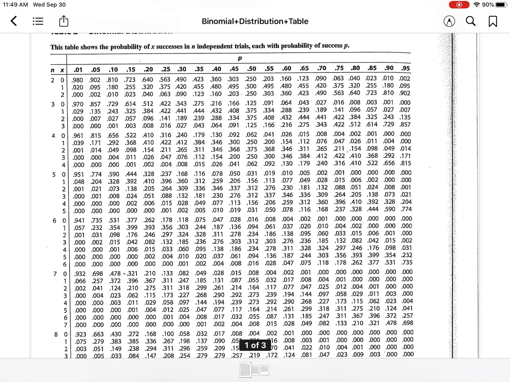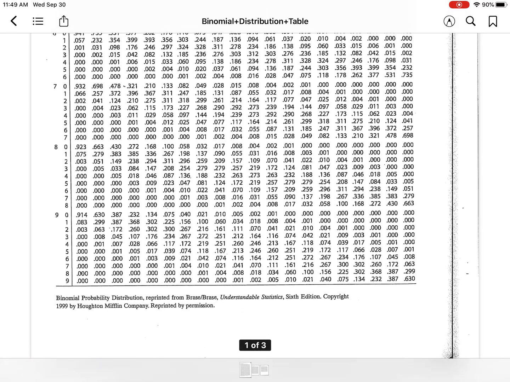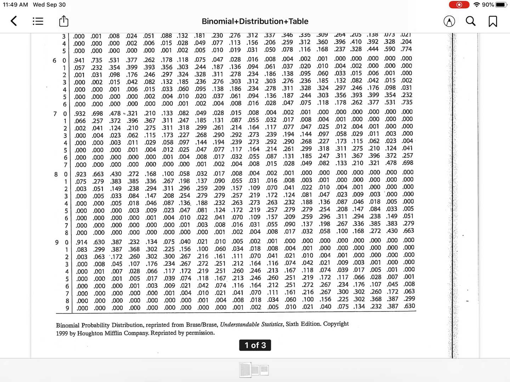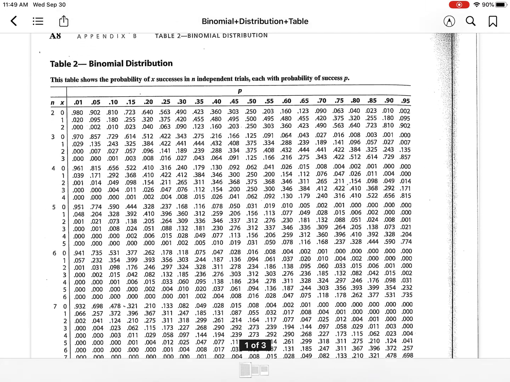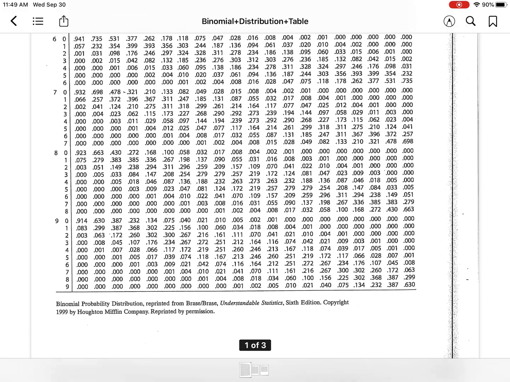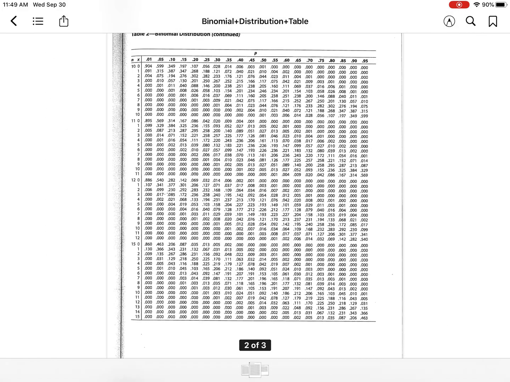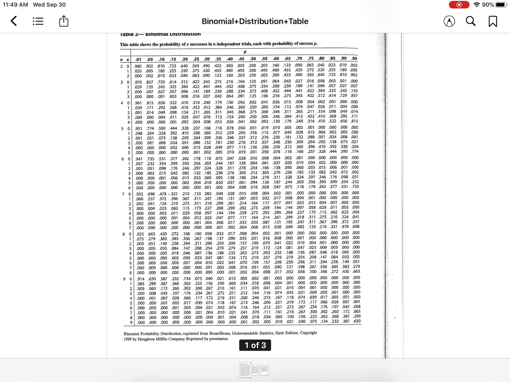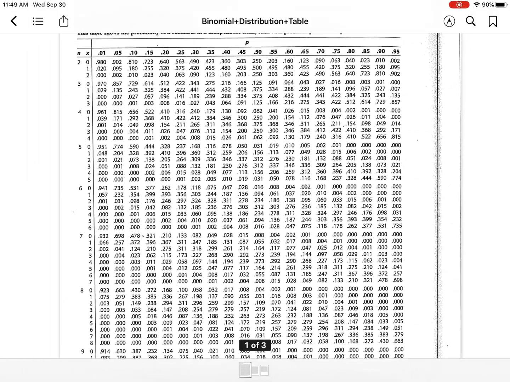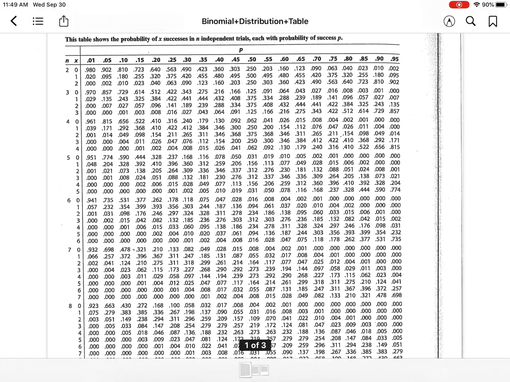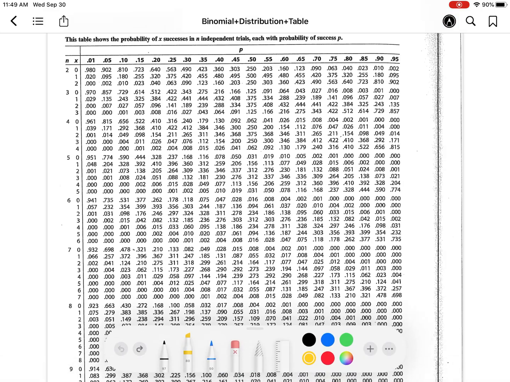This is my binomial table. There should be multiple pages to this. Yeah, there's a second page, and there's a third page. Now, I'm only going to use my first page.